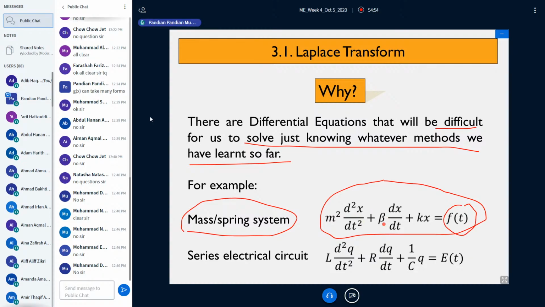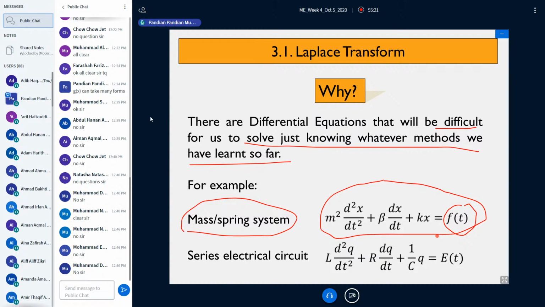It involves many variables: m d²x/dt² plus beta dx/dt plus k x equals F(t). m is the mass, x is the distance variable, t is the time variable, beta is a constant, k is a constant, maybe the spring constant, and F(t) is a function of time. So this is the model.